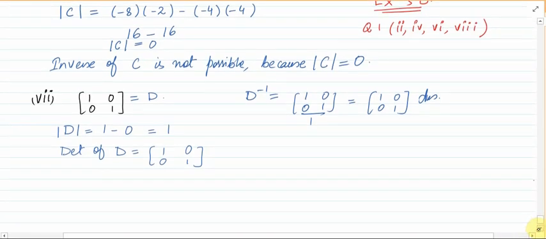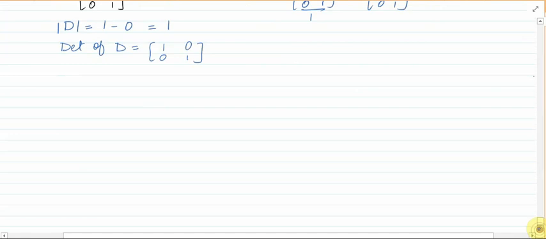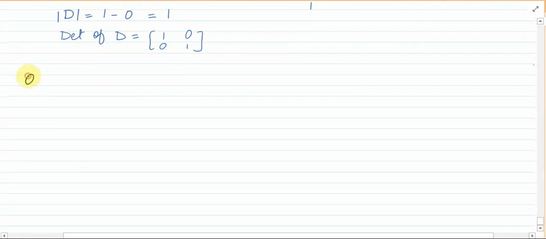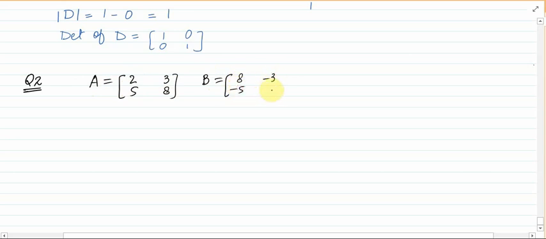Now after question number 1, moving towards question number 2. If A is equal to [2 5; 3 8] and B is equal to [8 -5; -3 2], find AB and BA.